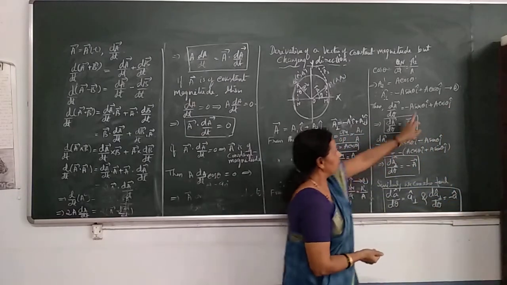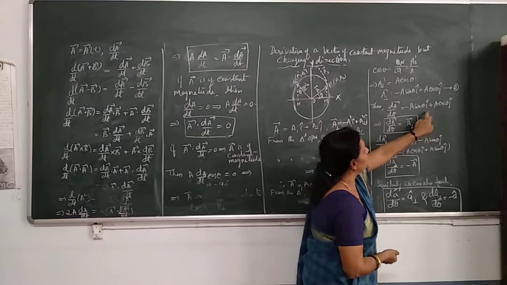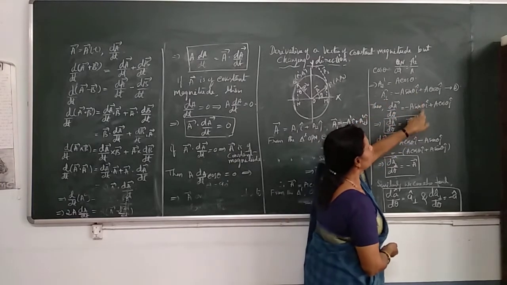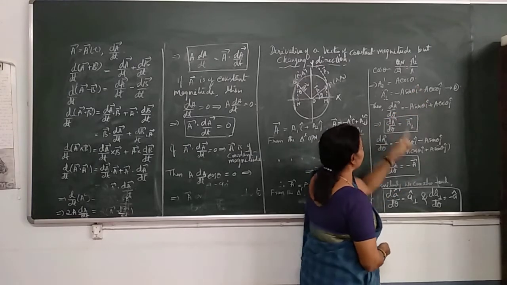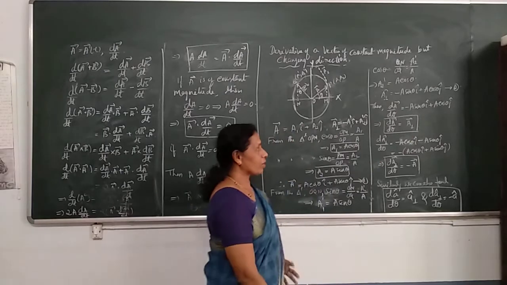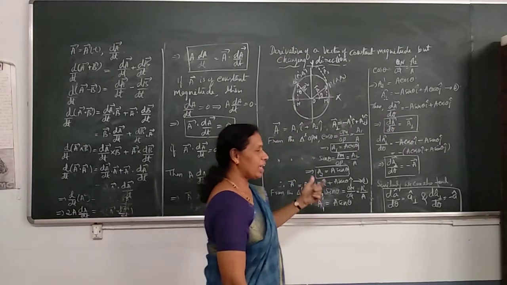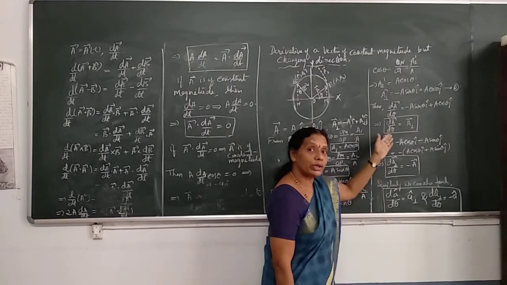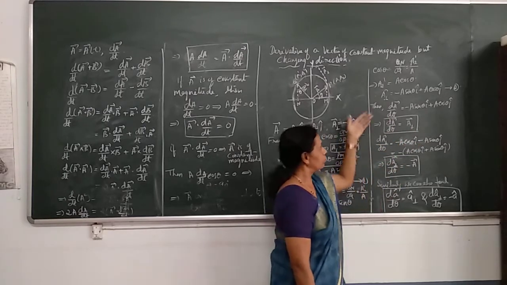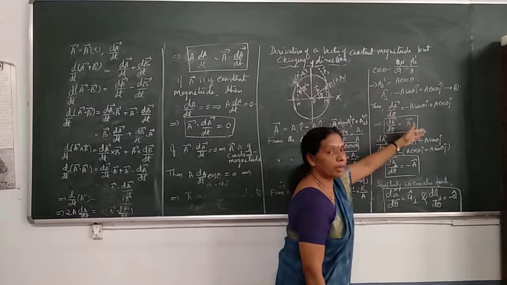And look at this equation on the right hand side. This is the same as the expression for A perpendicular. If you compare, these two are the same, indicating that dA vector by d theta is A perpendicular vector. When we consider the derivative of the A vector with respect to theta, we get the perpendicular vector. So dA vector by d theta equals A perpendicular.